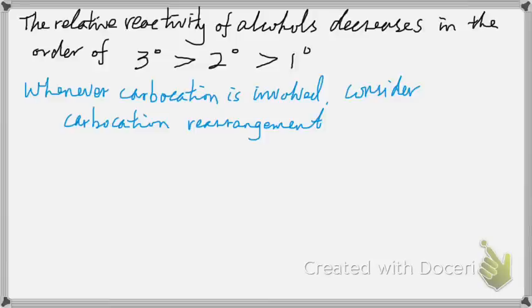And whenever a carbocation is involved, we need to consider carbocation rearrangement. That's an old topic, right? Let's see one more example here. Can you predict the product from dehydration of this alcohol? Consider carbocation rearrangement.